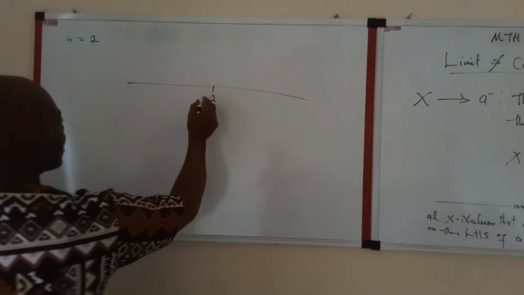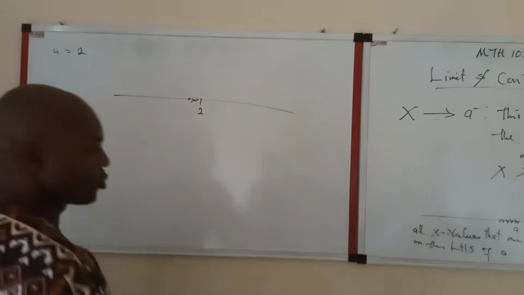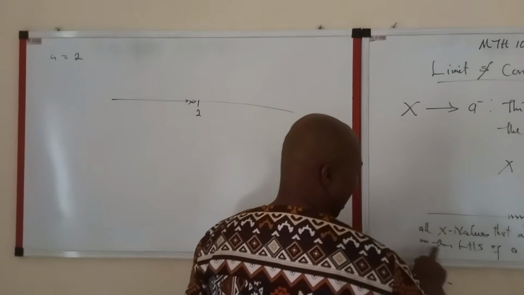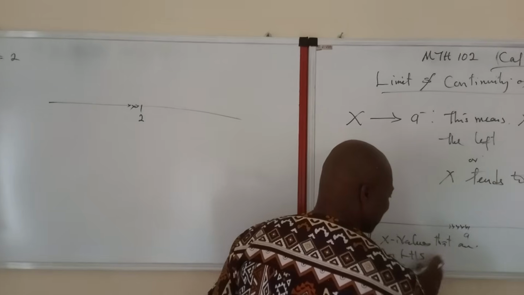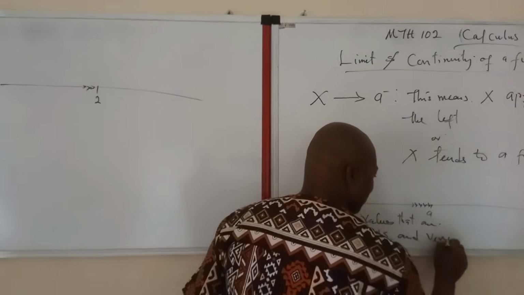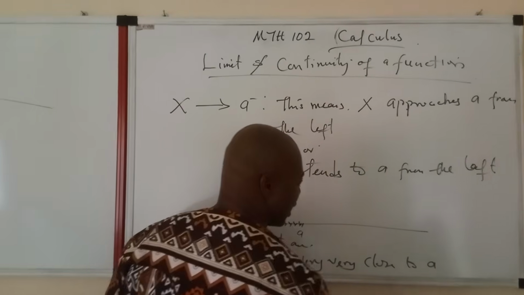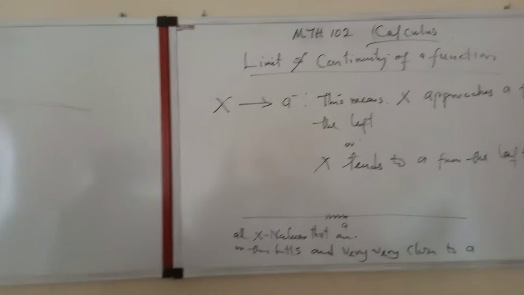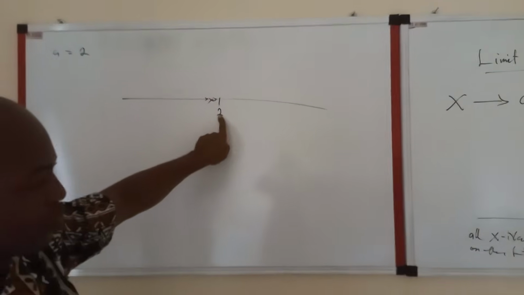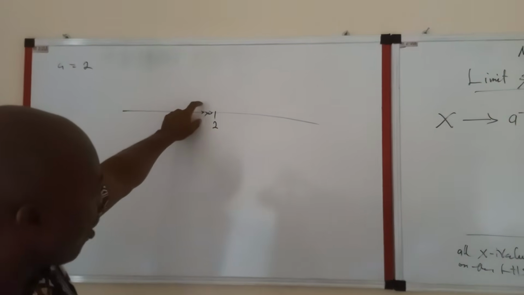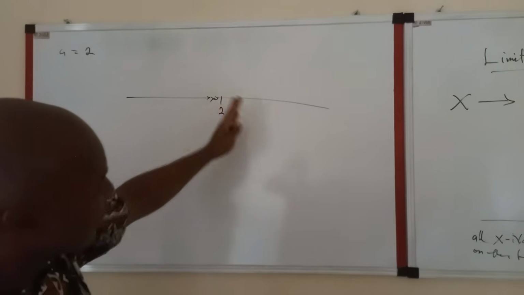And we said we are interested in all x values that approach A, very close to A. All x values that are on the left-hand side and very, very close to the point A. So if A is now equal to 2, then we are indirectly saying that we are interested in all the values on this left-hand side which are very, very close to 2.